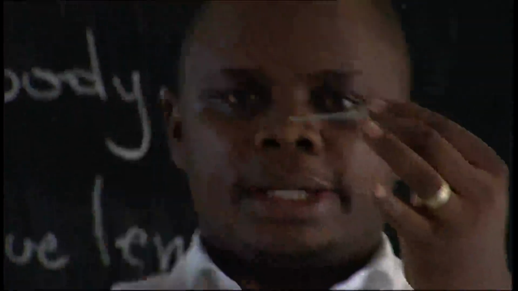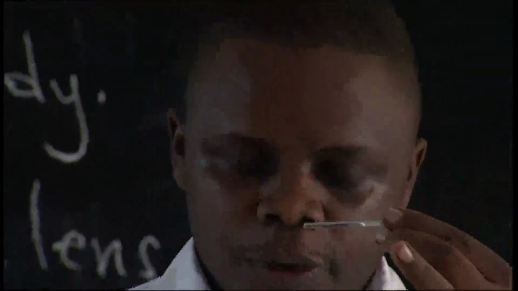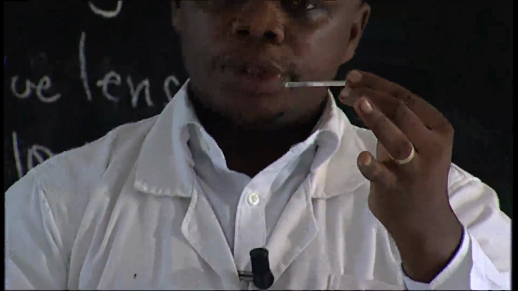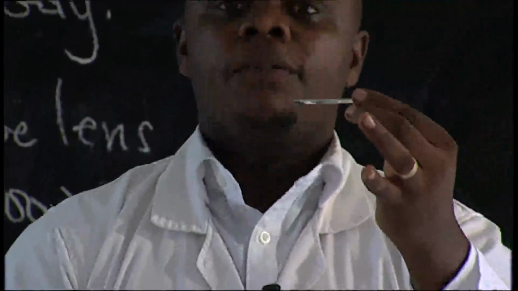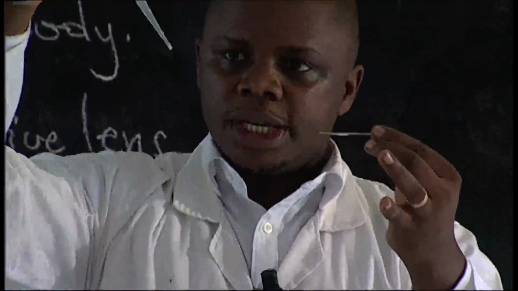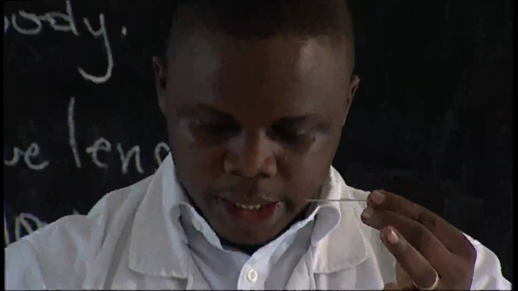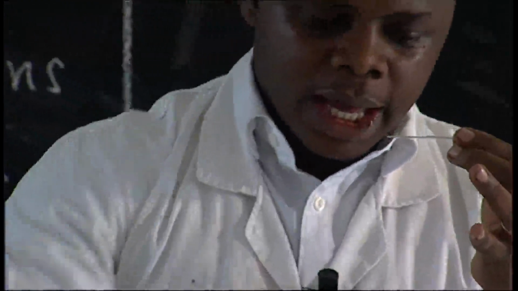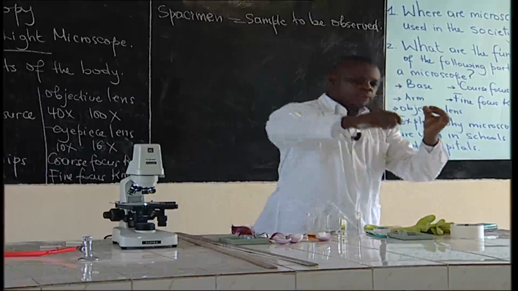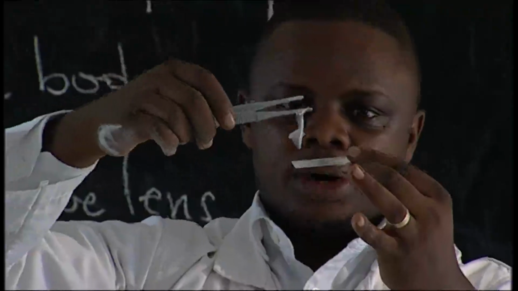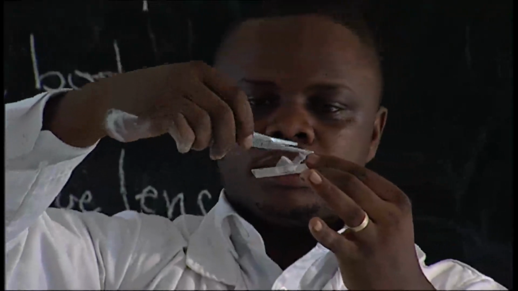my slide. Then on top of my slide, I put water, few drops of water using a dropper. Then from there, I make sure I put my onion membrane.